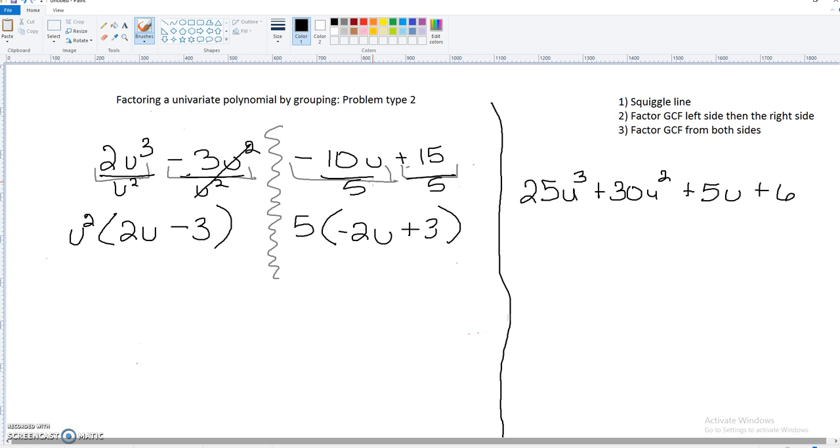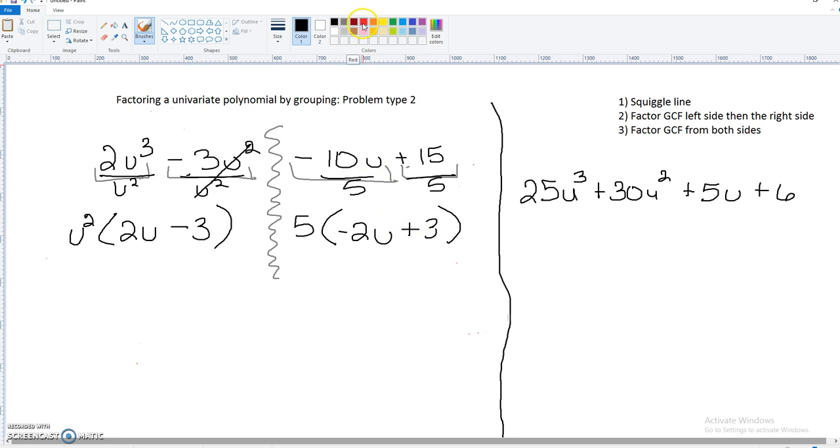Okay, that seems okay. So you're thinking, okay, well, what's your mistake? Well, now I need to factor from both sides of the squiggle line. So if I look, I don't have anything on either side that matches. The only thing that came close is the parentheses, but if you notice, this is a -2 and this is a +2. This is a -3 and this is a +3. So they're not identical.